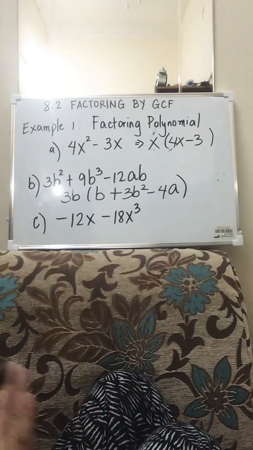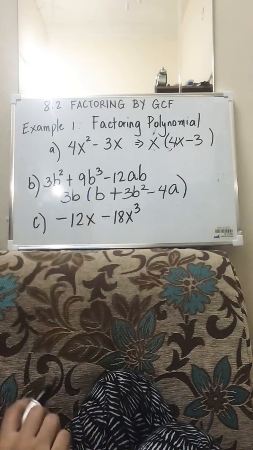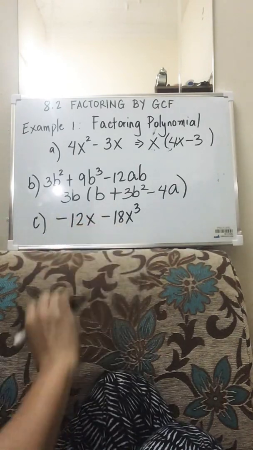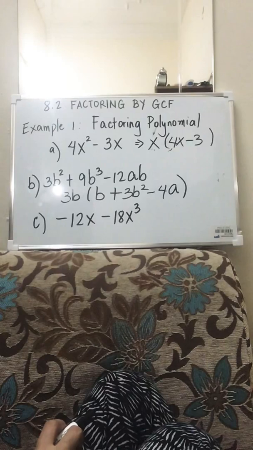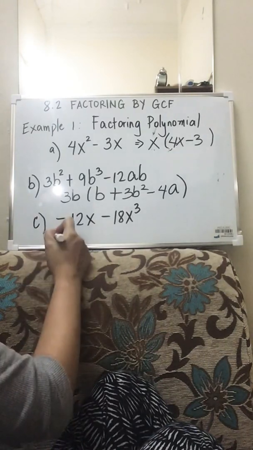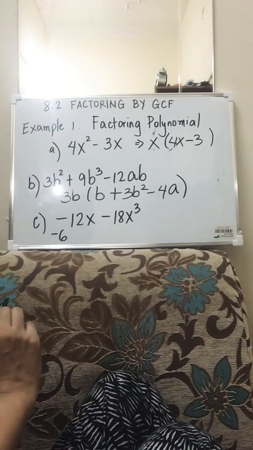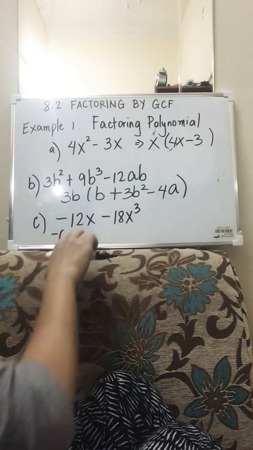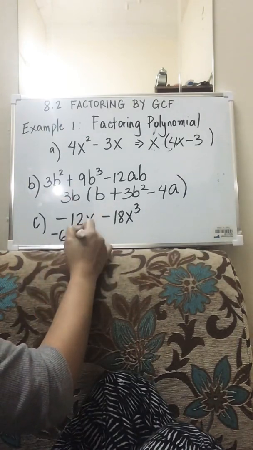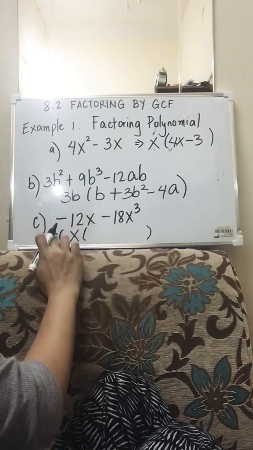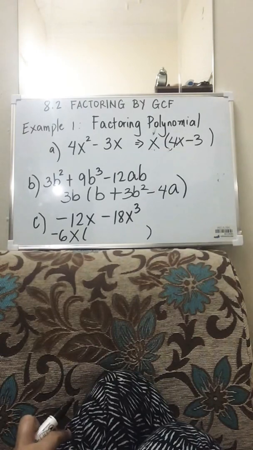The third one, you have 2 negatives here. So you decide if you want to factor using positive or negative. Let's try the negative first. What is the GCF of negative 12 and negative 18? That is negative 6, right? If you have negative 6 as the coefficient, how about the variable, which is the lower exponent? That is x. So let's put x here. But what will be inside? Negative 12 divided by negative 6 is what? That is 2.